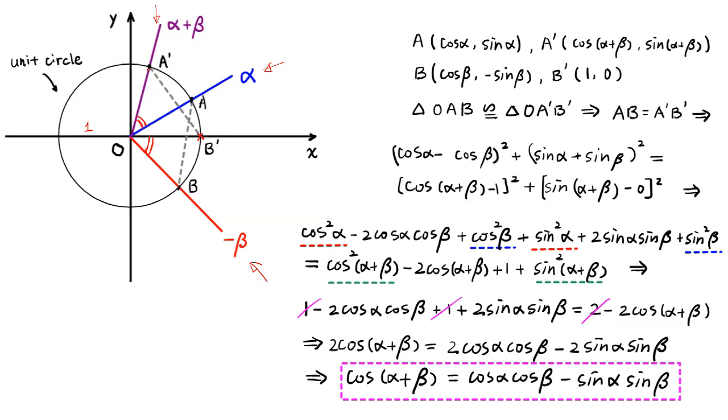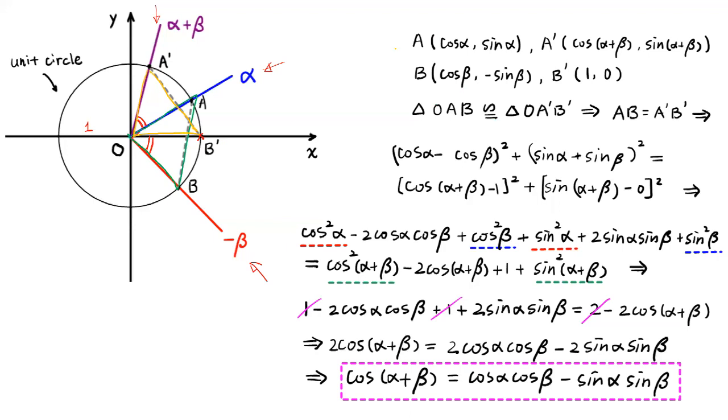And then we connect A prime, B prime, and AB. And so as you can see here, there are two triangles. Triangle OAB, which is, okay, let me use another color. Triangle OAB is here, right? And there is another triangle, which is triangle OA prime B prime.